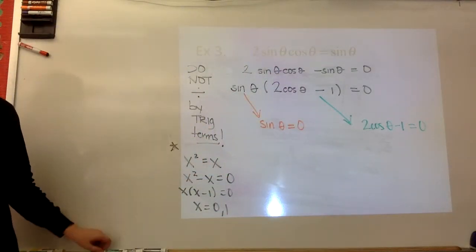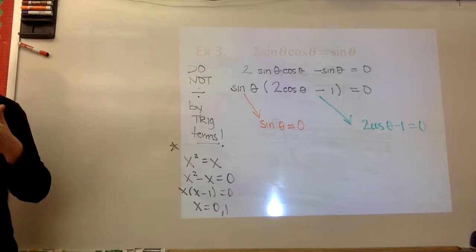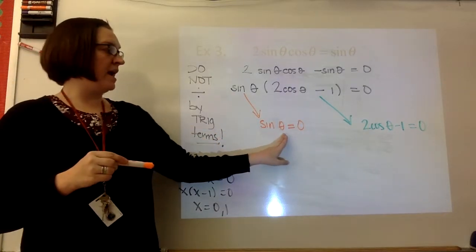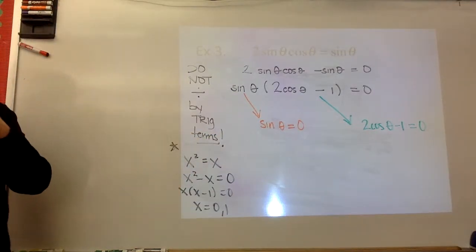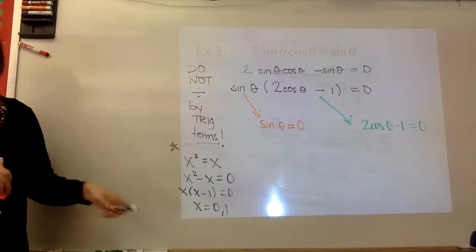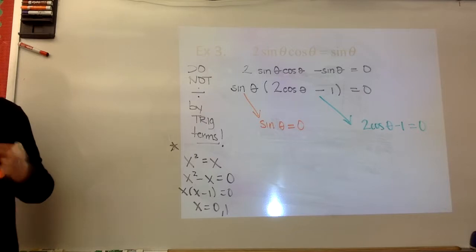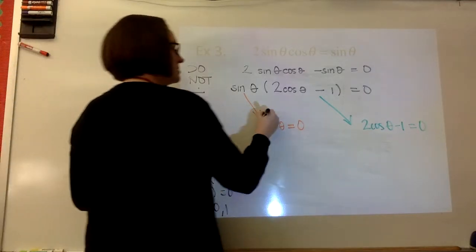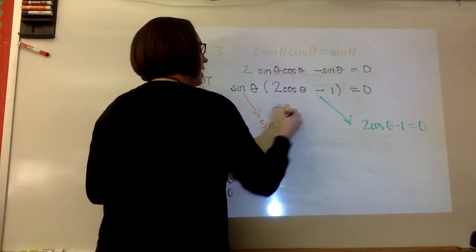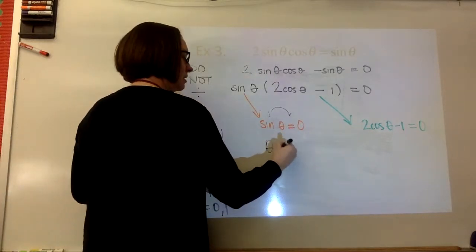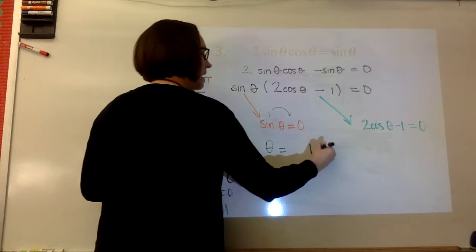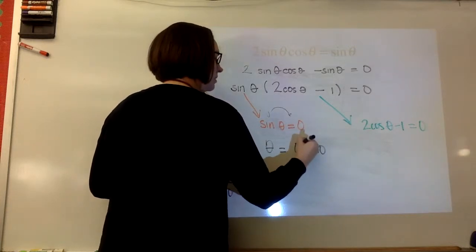So now let's think. Theta is in degrees. Where on the unit circle do I have degrees equal to 0 for sine? Sine is x or y? Y. So I'm thinking to myself, where do I have y as 0? What 2 values? 180 and 0.